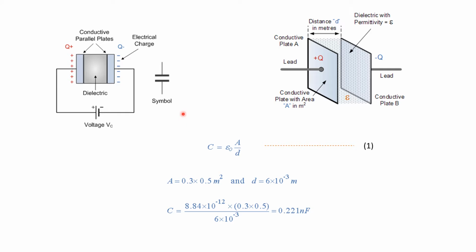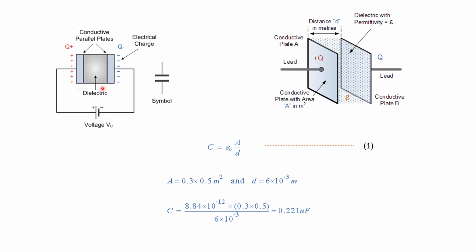Let's go through some theory that you have read in the book. A capacitor is made of two plates; one is positively charged if you put it across a DC source, and the other plate will be negatively charged, and the material you keep in between is called the dielectric.